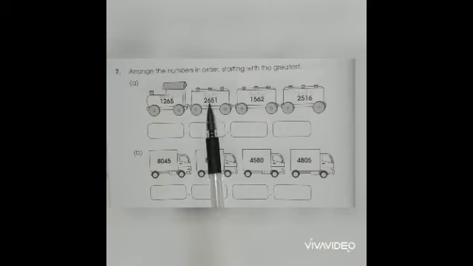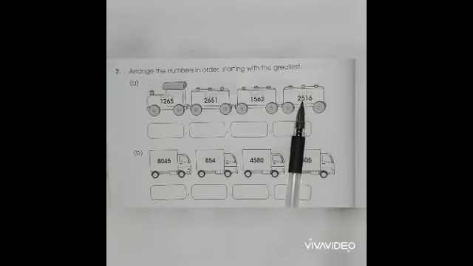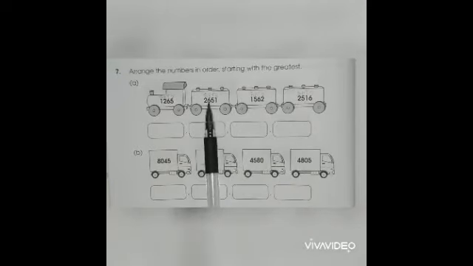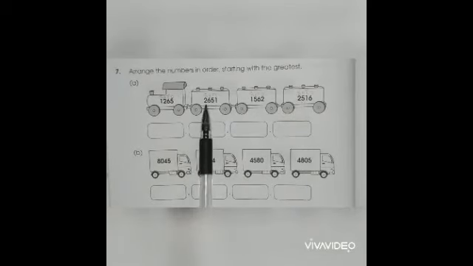We'll check the column of hundreds. There is 6 in the column of hundreds in this number, and the other number has digit 5 in the column of hundreds. As 6 is greater than 5, so the number 2,651 is the greatest number.